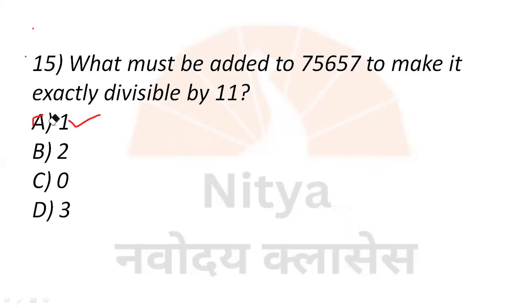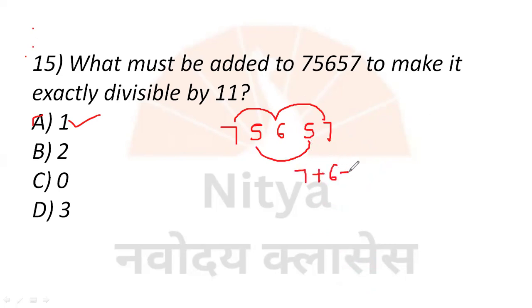you know the 11's divisibility rule. That is, you have to add the odd place values and even place values. So first add the odd place values: 7 plus 6 plus 5 is equal to 20. And 5 plus 5 is 10.